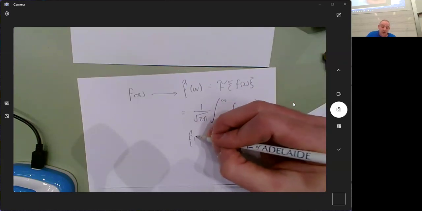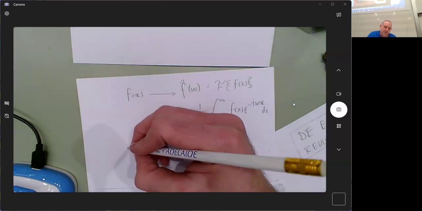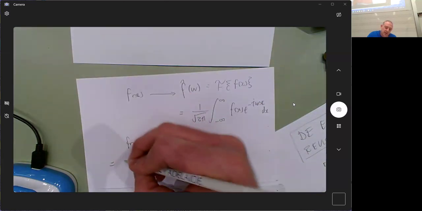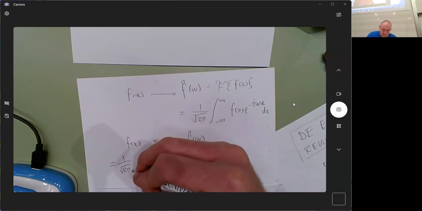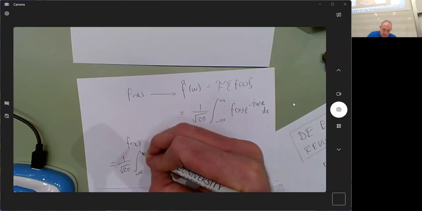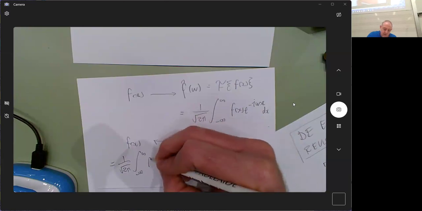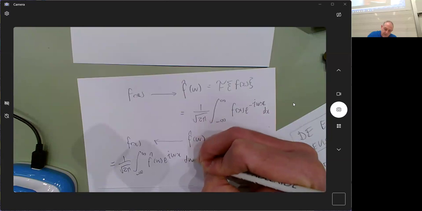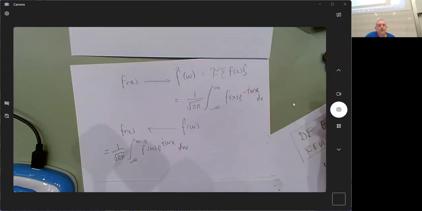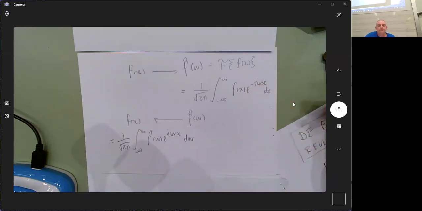If you have f hat of w and you want to come back to f of x, then this will be exactly the same integral, but with a plus i and a dw. These are listed on a sheet that comes with the exam, but it's useful to have them.